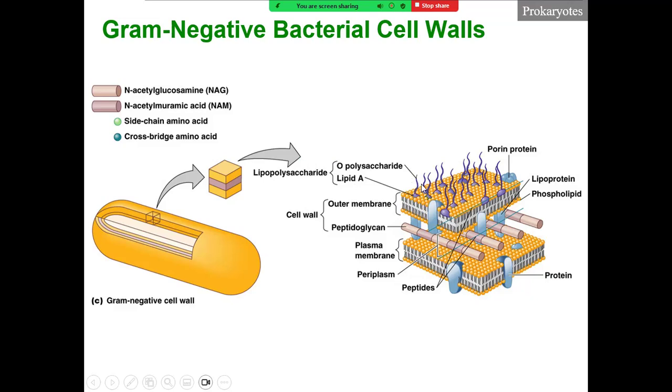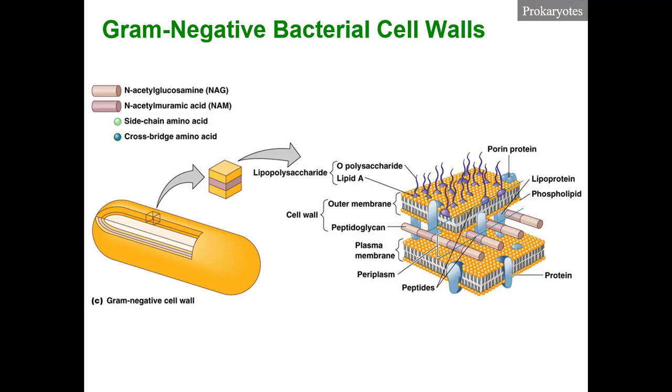The O polysaccharide is the hair-like molecule coming out. The important part of this molecule is the lipid A, because lipid A is an endotoxin. Toxins are something we'll talk about a little bit later in this class, but toxins are something which are toxic to us. Any question about that?